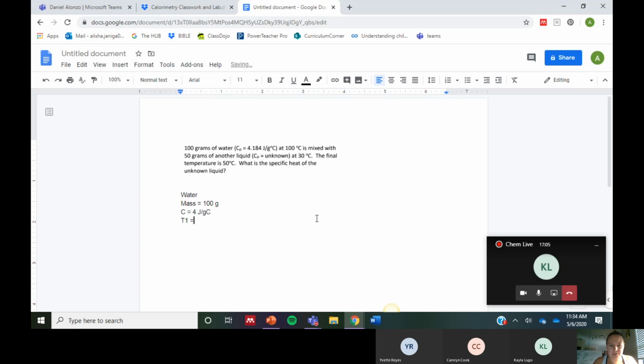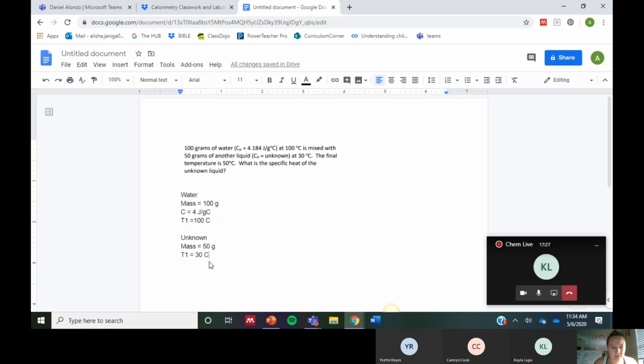Our T1, our initial temperature, is 100 degrees. And that's all we got so far. Unknown, the mass is 50 grams. T1 is 30 C, because we have 50 grams.